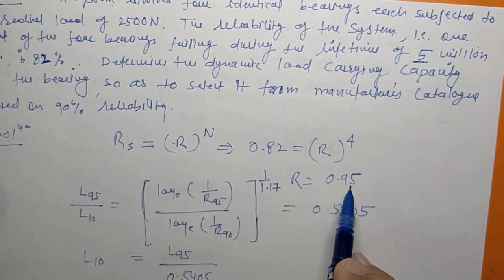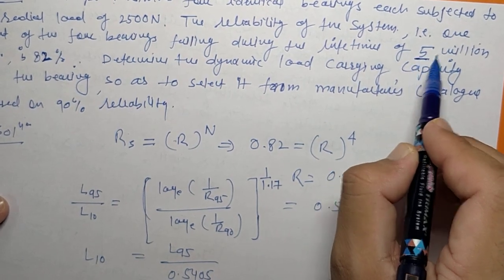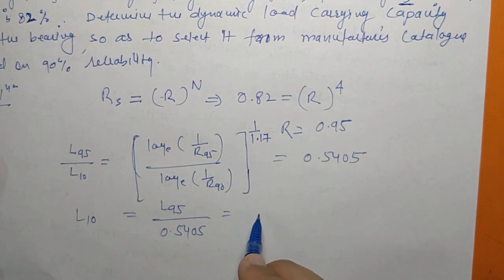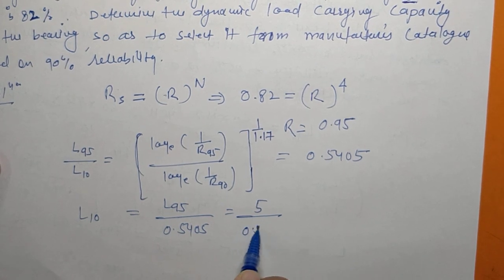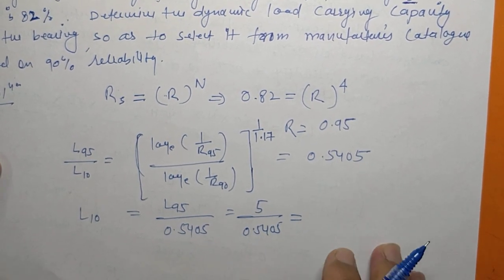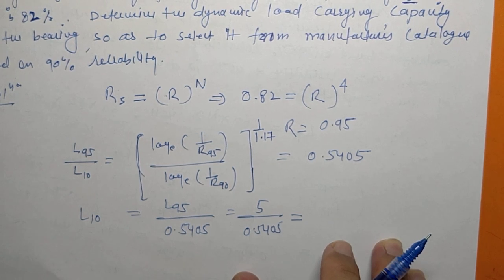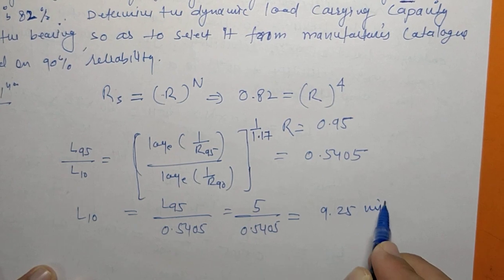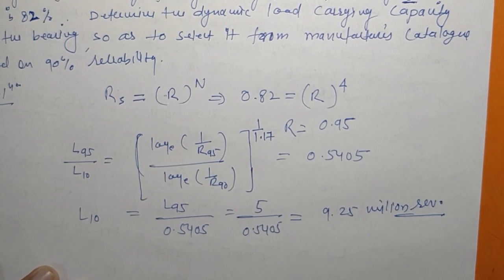According to this 95%, the life is 5 million revolutions. So 5 divided by 0.5405, and if we solve this, L10 is 9.25 million revolutions.